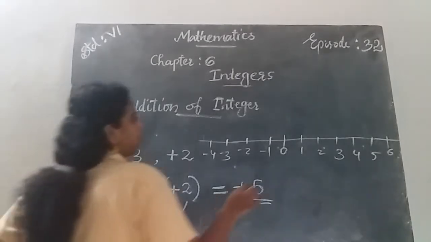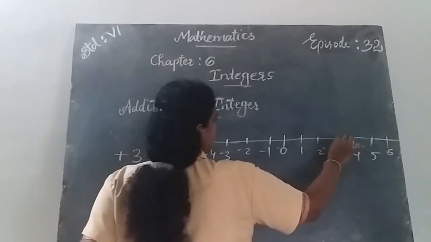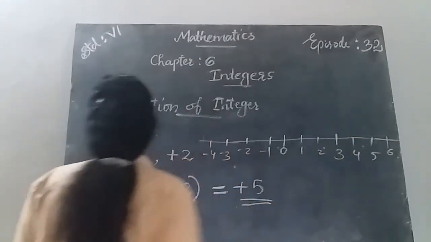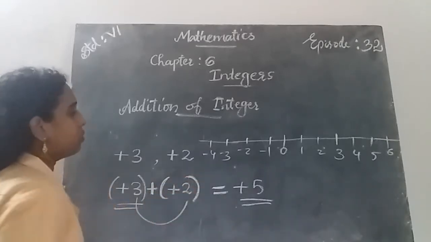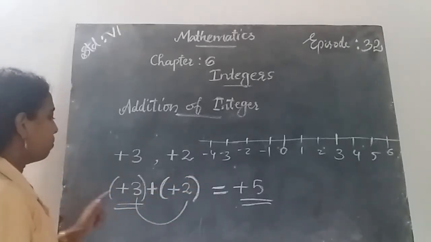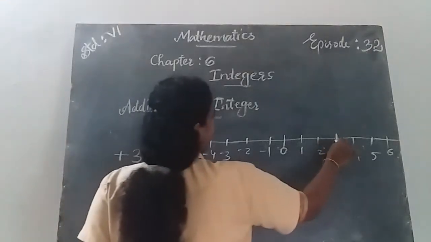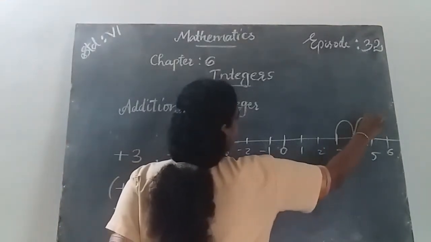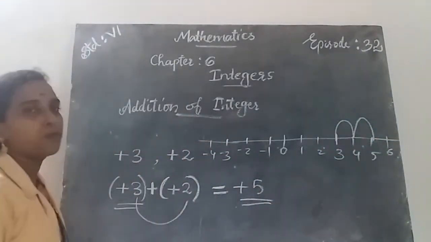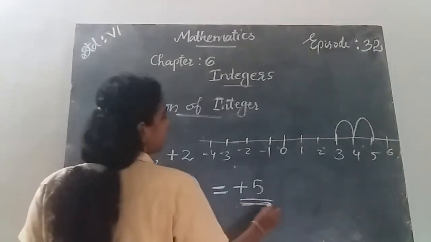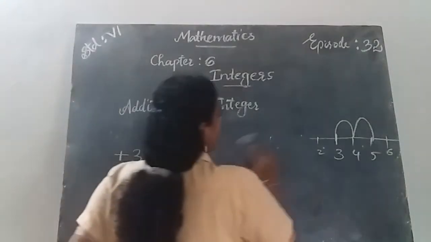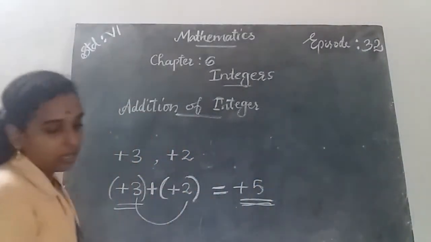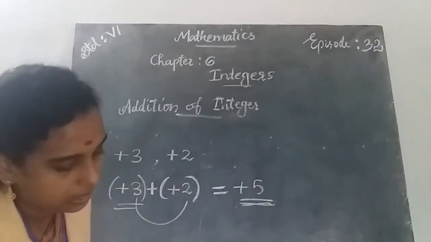We start from positive 3 and move 2 steps to the right, and we reach positive 5. So the answer is positive 5. If we add any two positive integers, we get a positive integer.